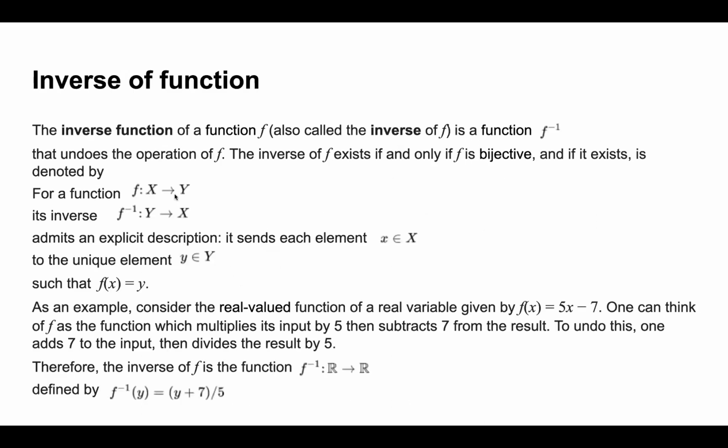Then we saw inverse of a function where f is from x to y, then f inverse is from y to x. Here f of x is equal to y is always there. If f of x is 5x minus 7, then y is 5x minus 7, and f inverse of y will be y plus 7 divided by 5.